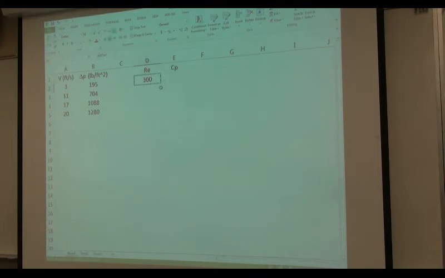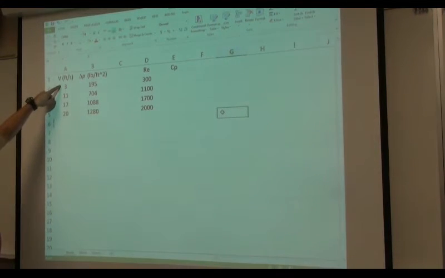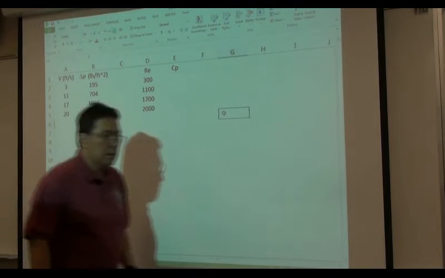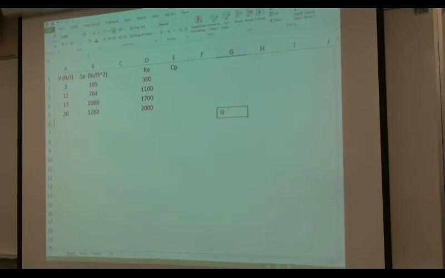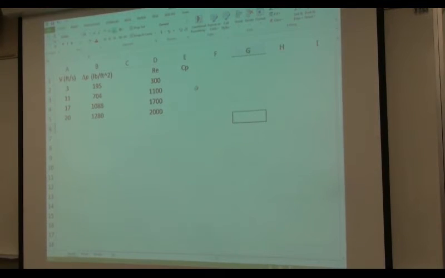So I'm going to just copy and paste cells. Here we go. I just computed Reynolds number based on the given velocity. Good. Let's zoom in a little more.